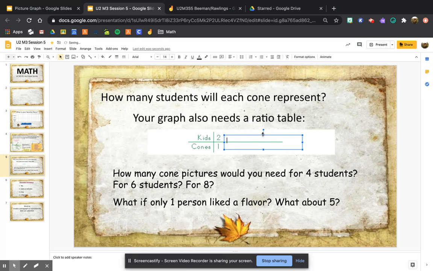Or I can also say that if I have 4 kids, I am going to have 2 cones. If I have 6 kids, I know that's going to be represented as 3 cones.